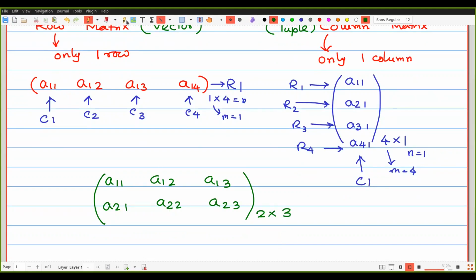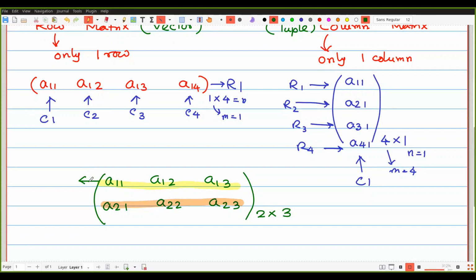Then we may consider the first row as a row matrix or the second row as a row matrix. Sir, please tell me what is the meaning of tuple? I am proceeding. Okay.